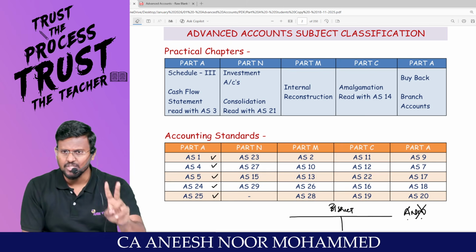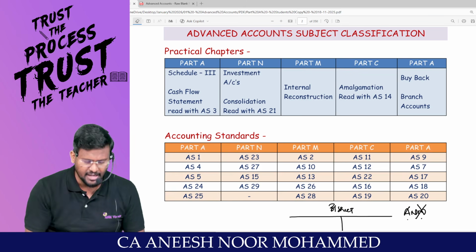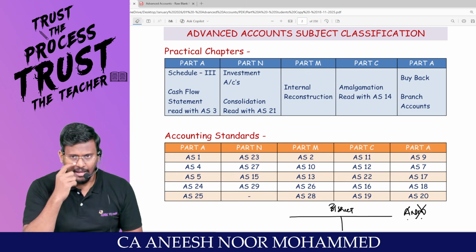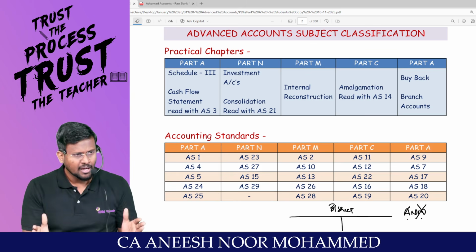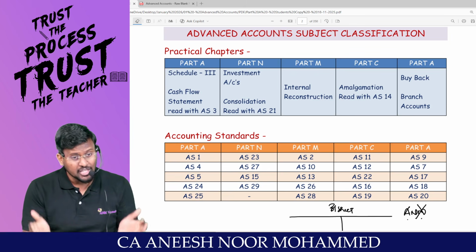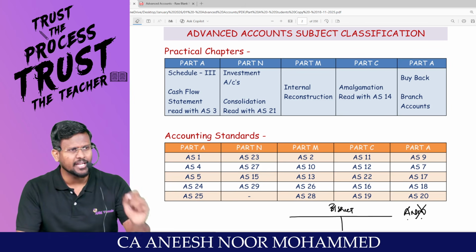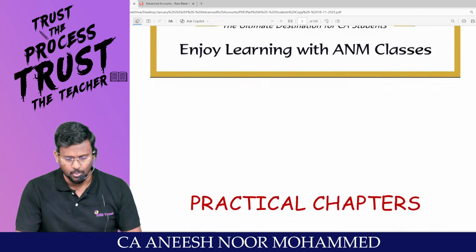Number 2, cash flow statements. Then 5 accounting standards. What are the 5 AS? AS1, AS4, AS5, AS24 and AS25. These are the 5 accounting standards related to preparation and presentation of financial statements. We are going to start one by one.